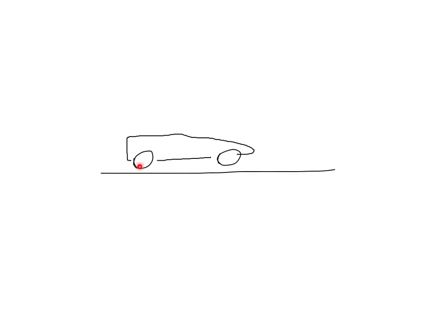What this means is that the relative velocity between the bottom of the tire and the road is 0. So when a car is functioning properly, the force of friction between the tire and the road is static friction, and it's not sliding friction.